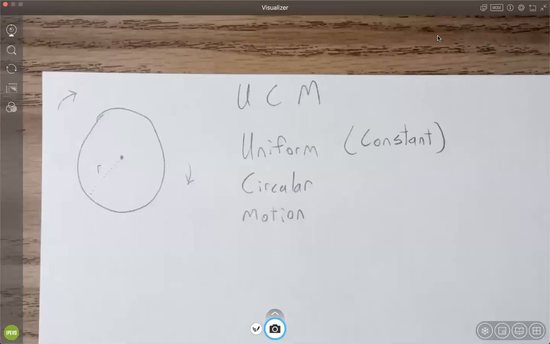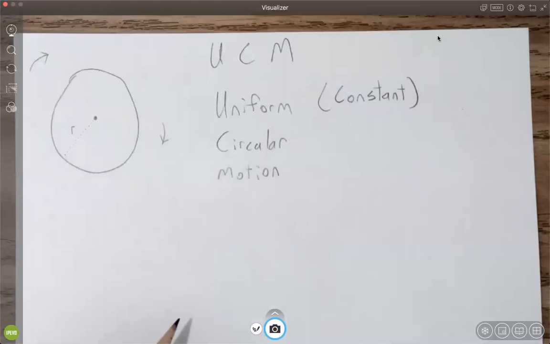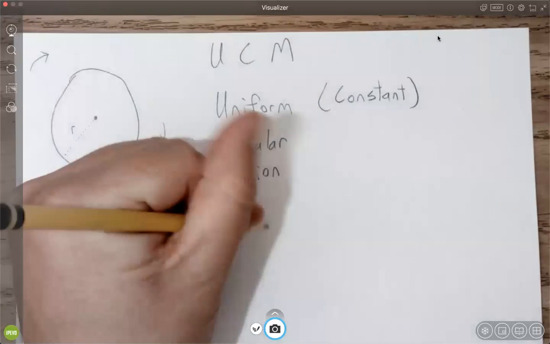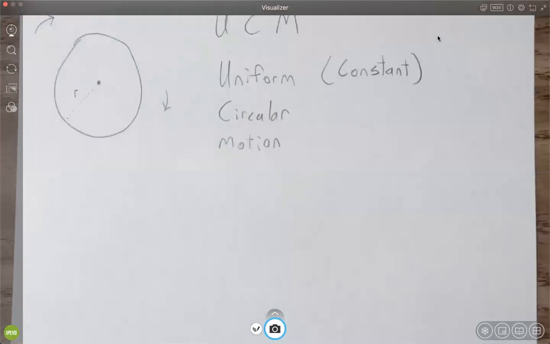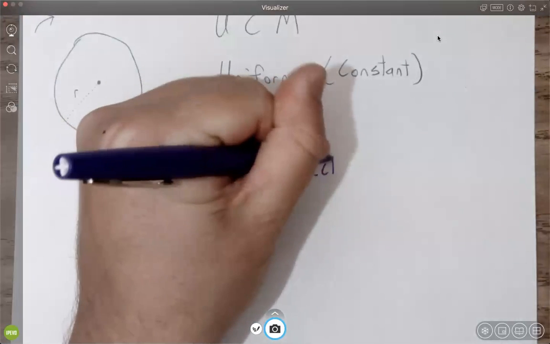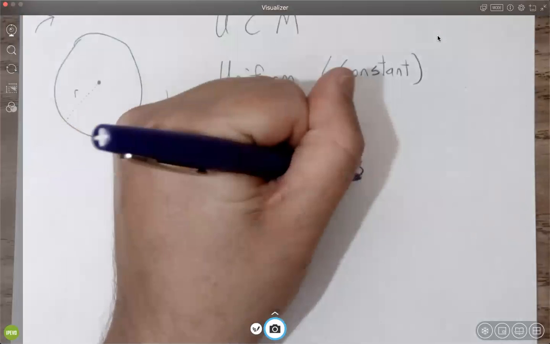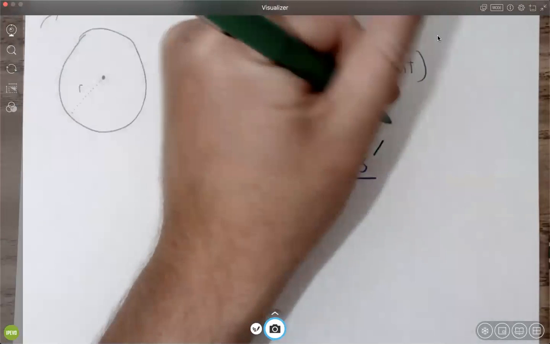And what we can do now is look at this cat's motion, and we're going to talk about some vectors. So there's going to be some vectors that we're going to be interested in. And we're going to describe these vectors, and what a vector is going to tell us is two different things at the same time.